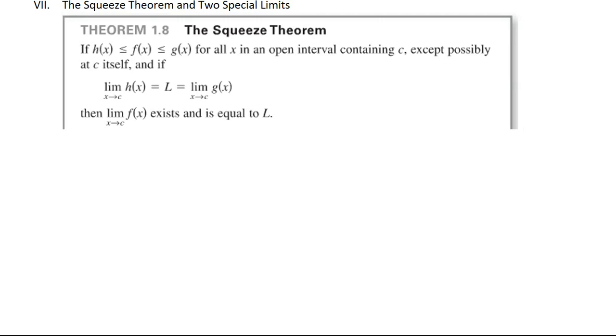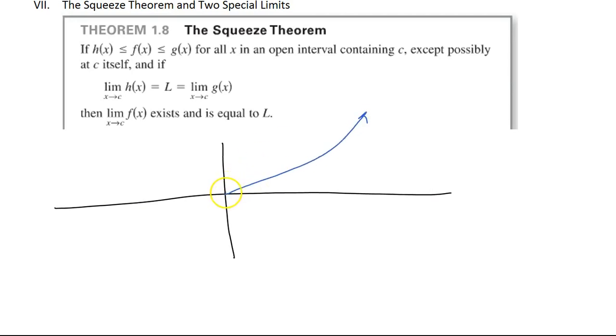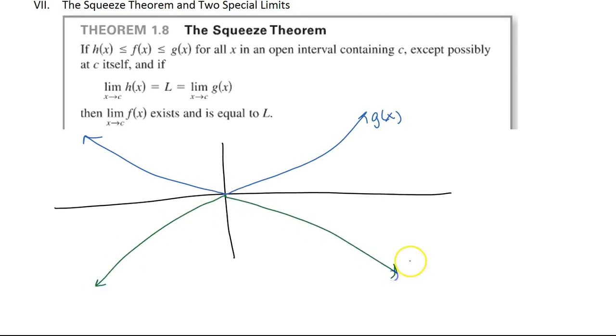So here's what this looks like graphically, and just for an example. So if this is my coordinate plane, and let's say we have a function g of x that looks something like this, and let's say we have a function h of x which looks something like this. Okay?